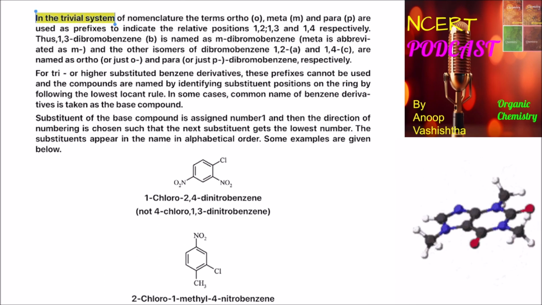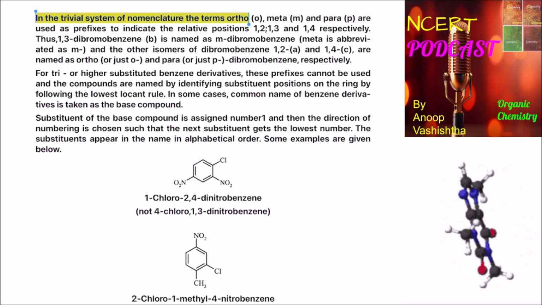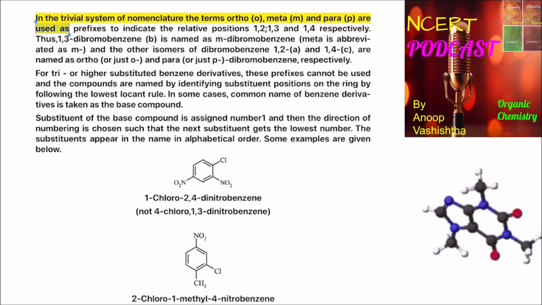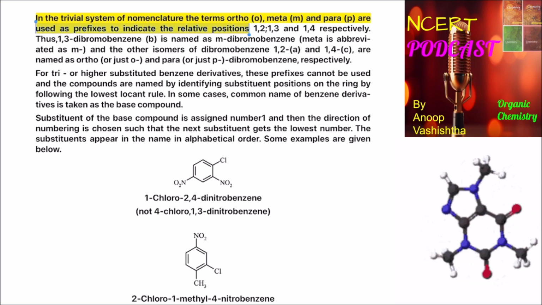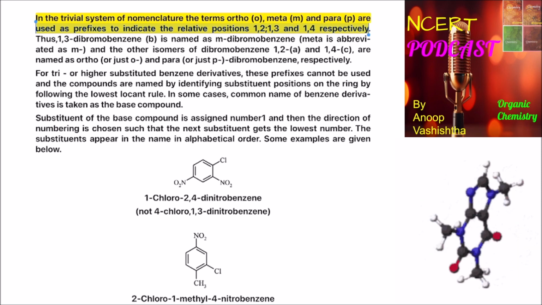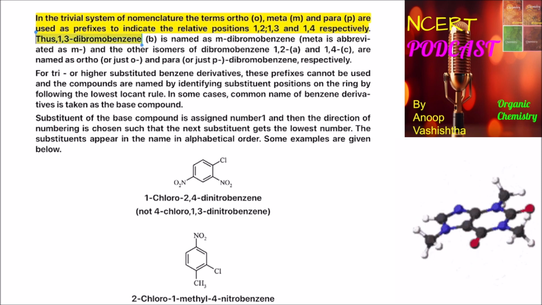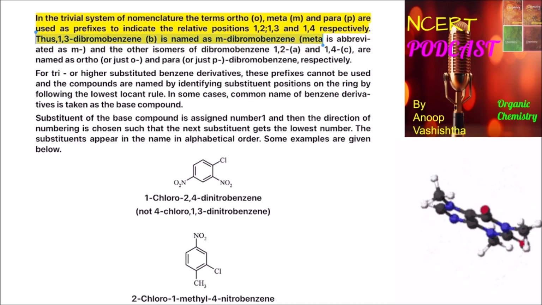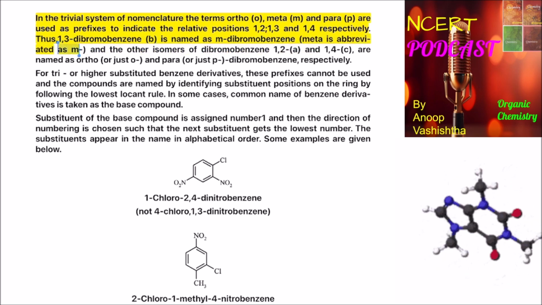In the trivial system of nomenclature, the terms ortho (o), meta (m) and para (p) are used as prefixes to indicate the relative positions 1,2, 1,3 and 1,4 respectively. Thus, 1,3-dibromobenzene B is named as meta-dibromobenzene. Meta is abbreviated as m.